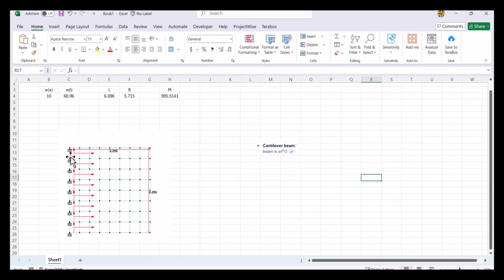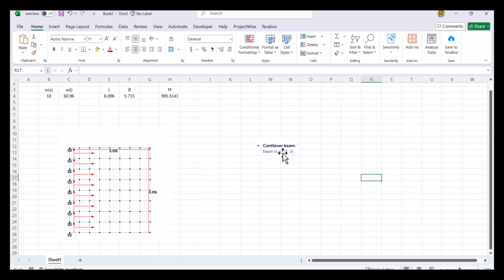Here I have taken the length from this one because I have sliced it here. It would be very close to the support moment, but still I want to make it very close to some expected value. So I have taken this length from this red mark to here, 5.715, because there is a little bit of distance to go, right? From here to here, it is less than 6.096, but very close to that, around 5.71.